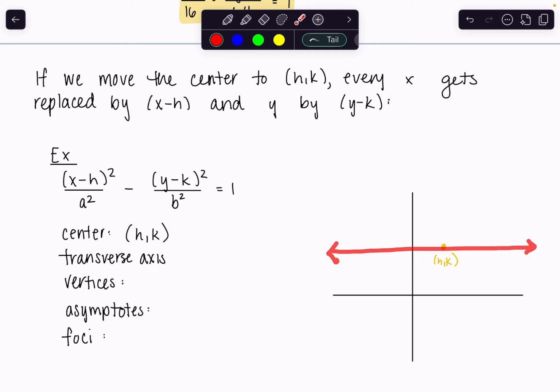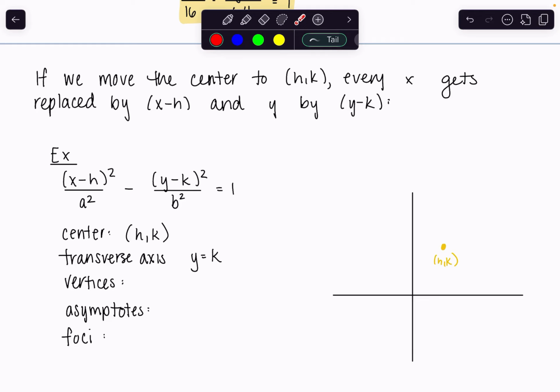So my transverse axis would be the line through that center that is horizontal. So that would be the equation y equals k. That's how we get a horizontal line. So it goes through that center and opens in the x direction. If it was the y term that was positive, well then that transverse axis would be vertical, and that would be the equation x equals h.